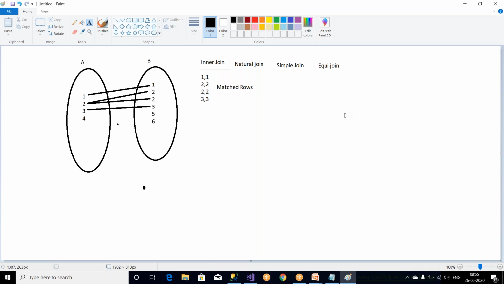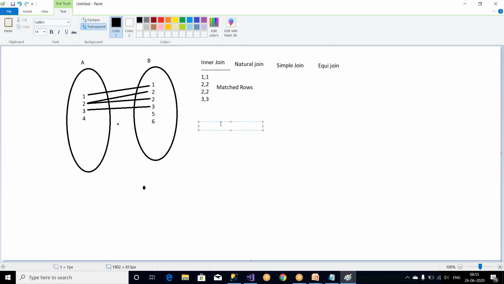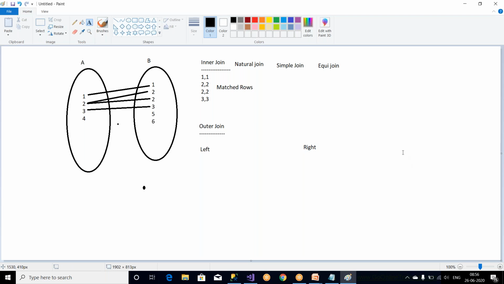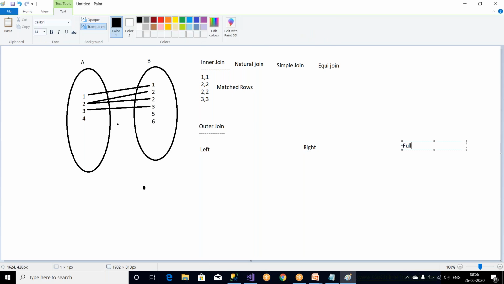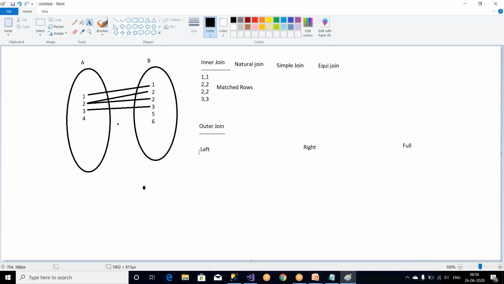But apart from that, I want to get not only the matched data but also unmatched data. That is where we use outer join. Outer join has 3 varieties: left, right, and full. The left join is always inner join plus something else.